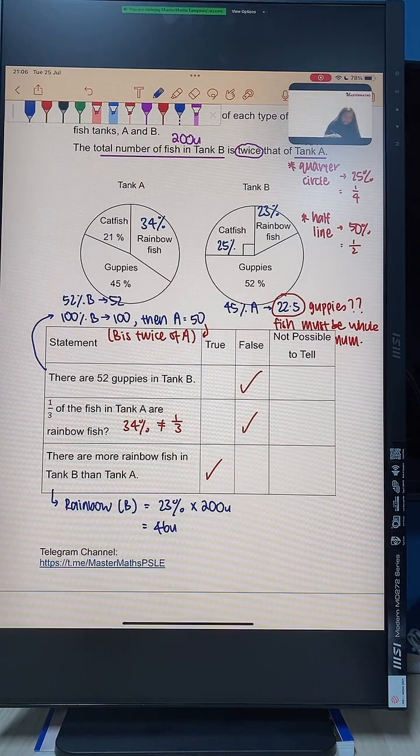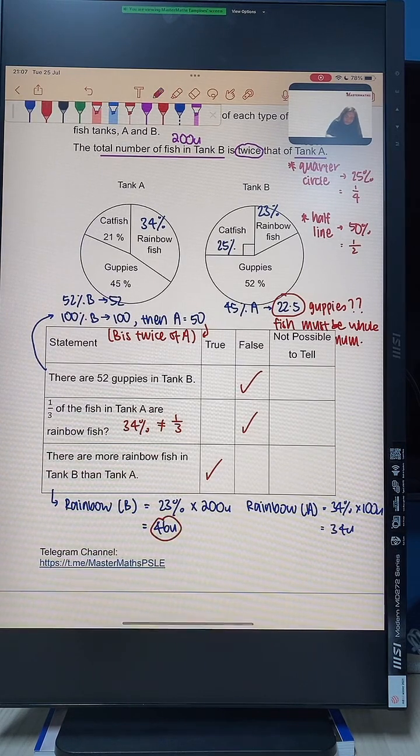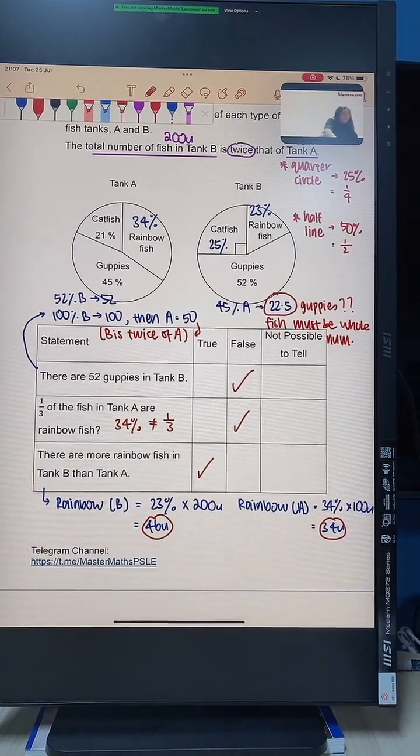Whereas in A, the rainbow in A is just your 34% of 100 units, which is 34 units. So 46 units is definitely more than 34 units. Therefore, the final answer for the last part is true. Okay?